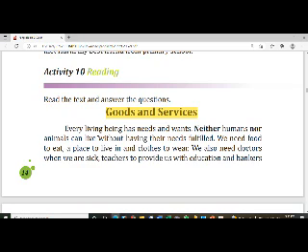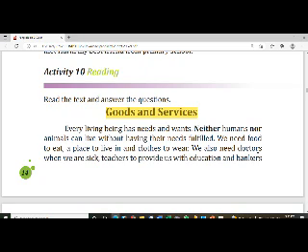Every living being has needs and wants. Neither humans nor animals can live without having their needs fulfilled. We need food to eat, a place to live in, and clothes to wear.